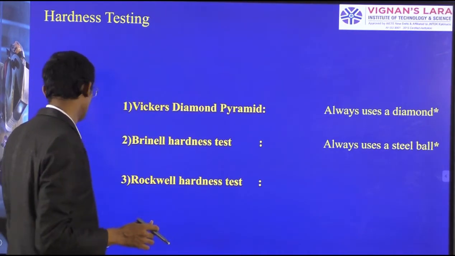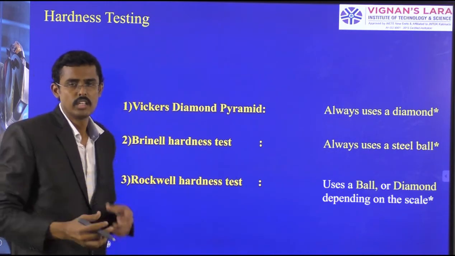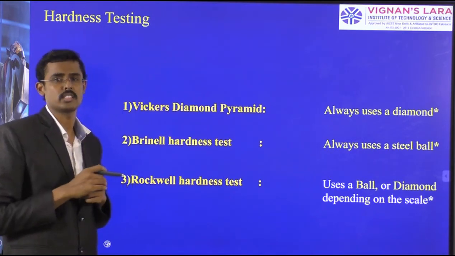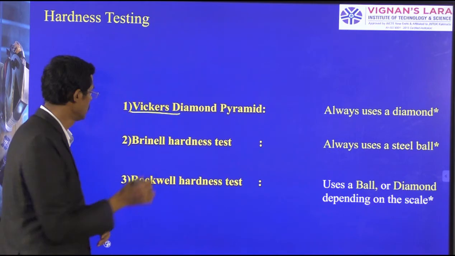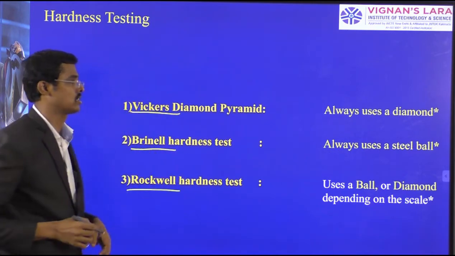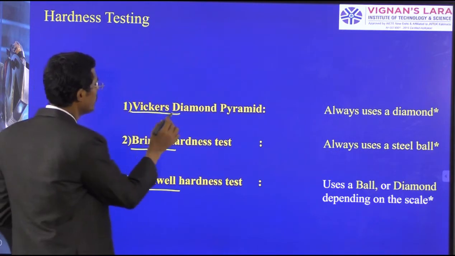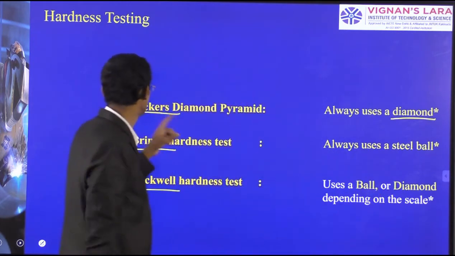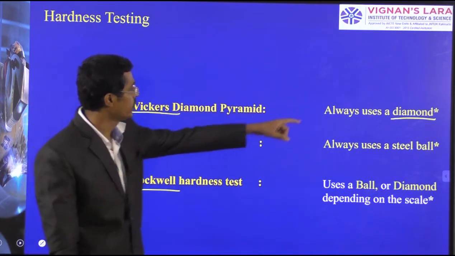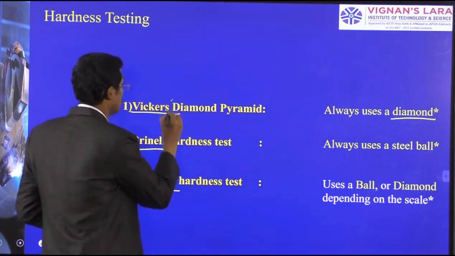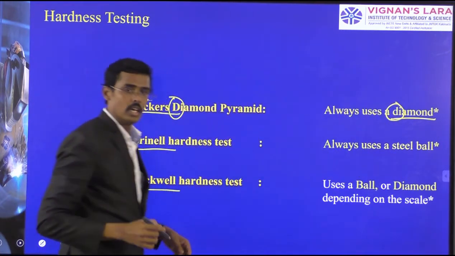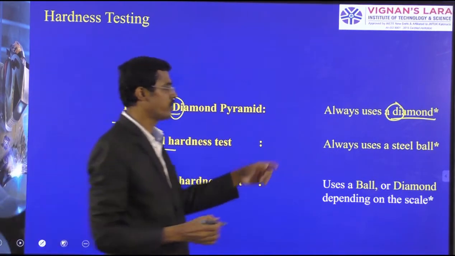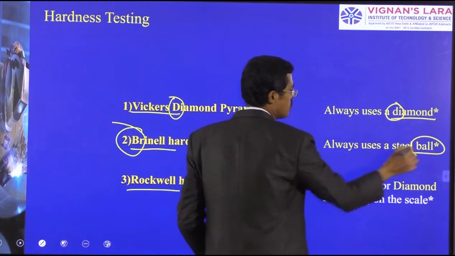For our understanding, we know there are different types of hardness tests, such as Vickers hardness test, Brinell hardness test, Rockwell hardness test. I am identifying that the Vickers diamond indentation uses a diamond indenter. The name itself says Vickers diamond indentation process. Then the Brinell hardness test, the B, always uses the steel ball.